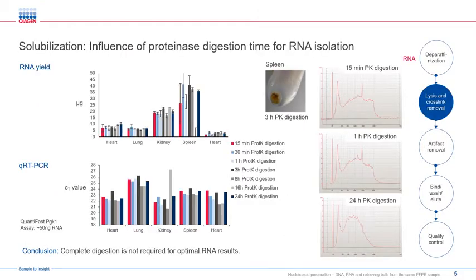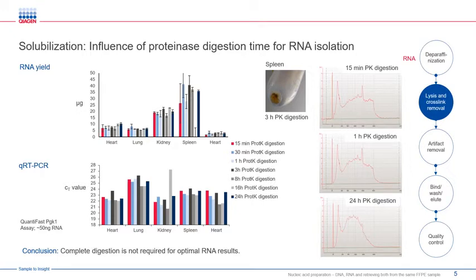Here we are looking at solubilization of RNA from FFPE sections, and what is the actual time required for efficient solubilization of the RNA specifically. The digestion times used here were from 15 minutes up to 24 hours of proteinase K digestion.